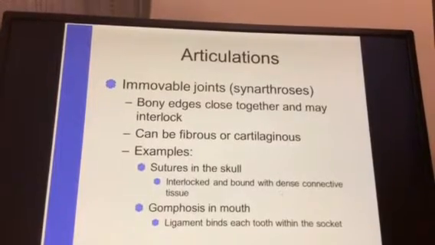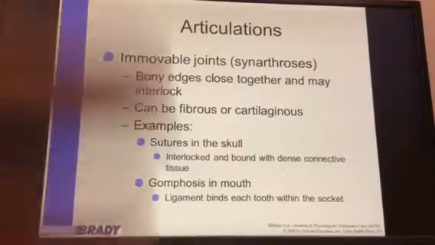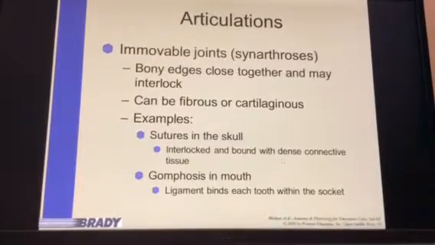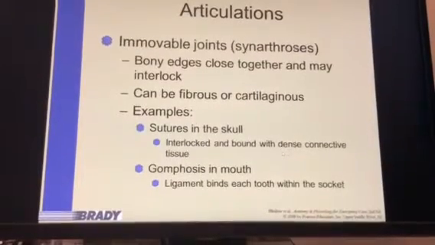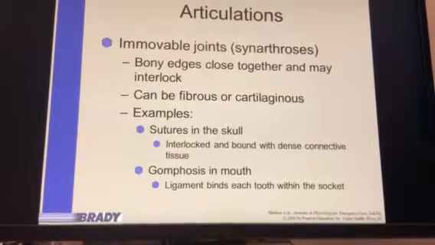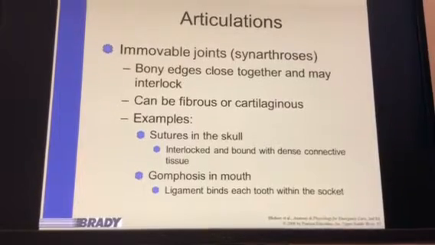As infants, the sutures are allowed to move, but once those areas are completely fused, it's basically one area, even though the suture is a type of joint. Gomphosis in the mouth, I'm not going to have you be responsible for.